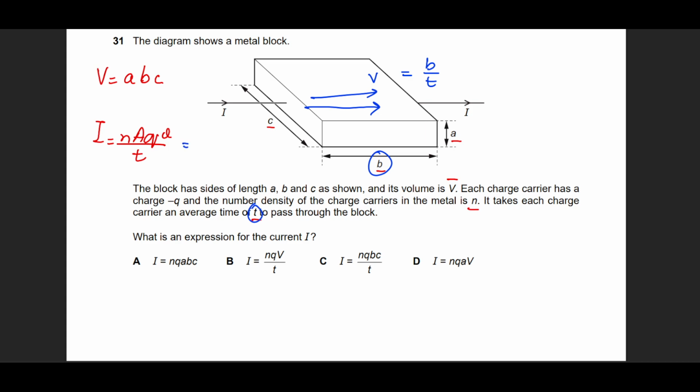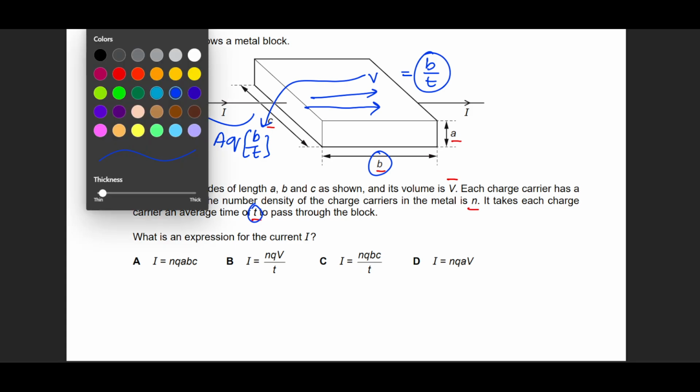So what I can do is I can write NAQ and isolate V by T. So B by T is actually the velocity. Sorry, this is going to be like this. If I replace B by T, that is a representative of velocity. Okay, all right.